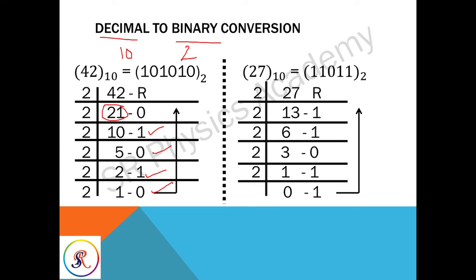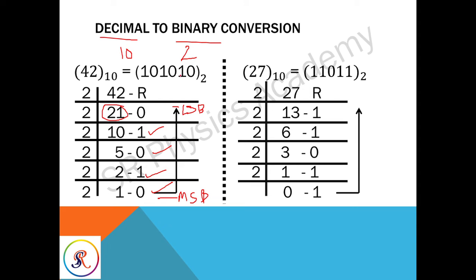Now since the number is less than 2, we cannot divide it by 2, so the last remainder is 1. The last remainder is the most significant bit, MSB. The upper one is the least significant bit, LSB.